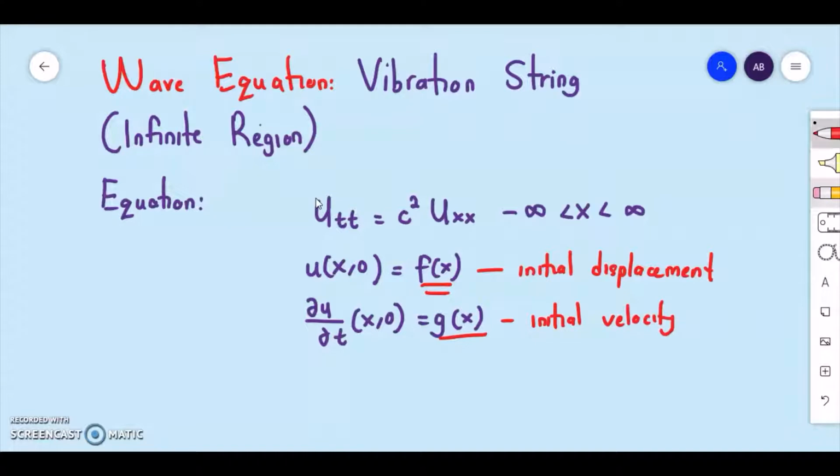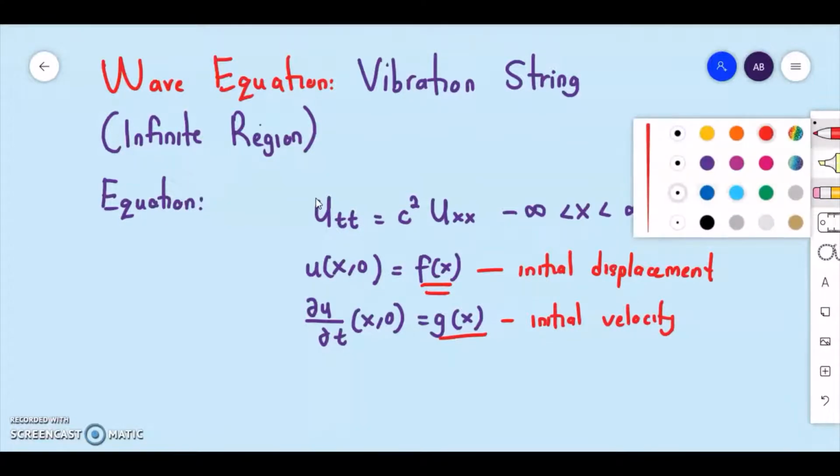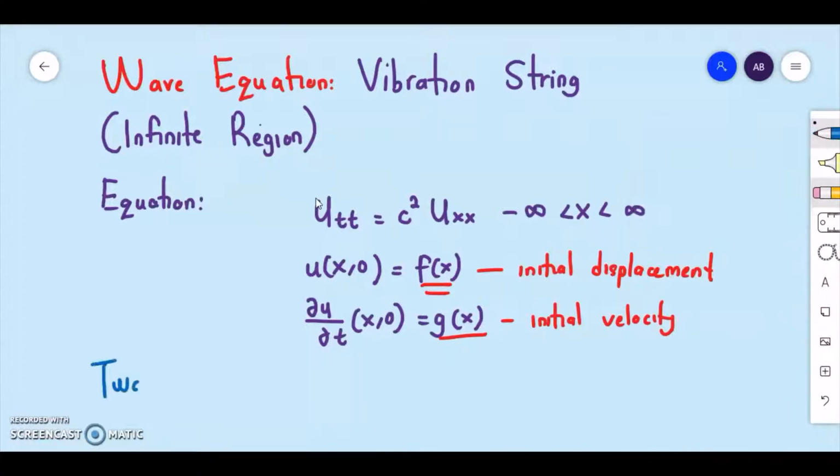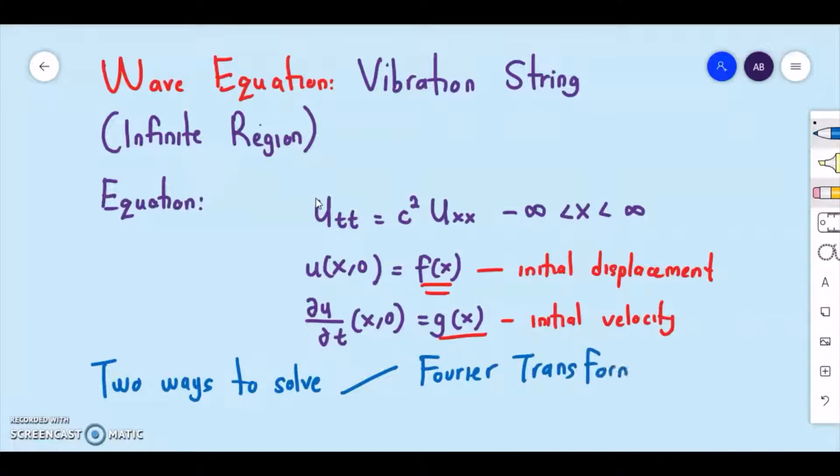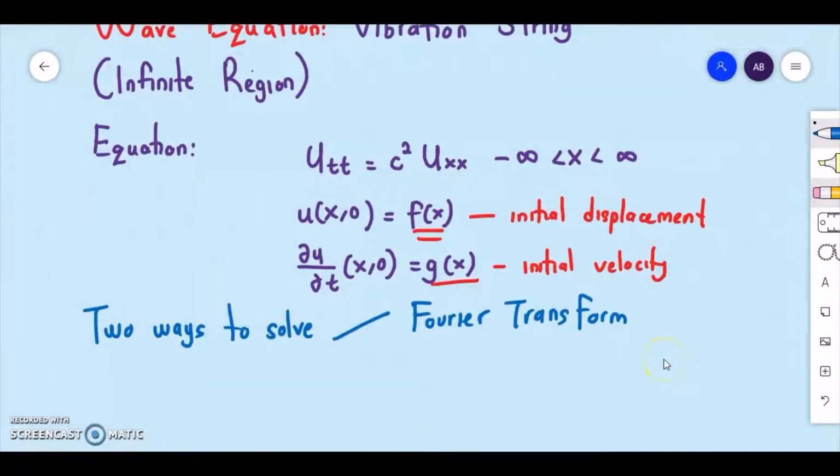There are two ways to solve this. The first one is to use the Fourier transform, and the second approach is called the d'Alembert solution. This is what we're going to consider in this video.